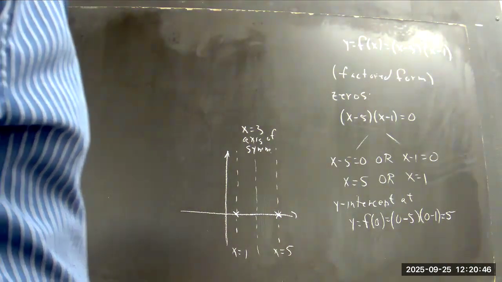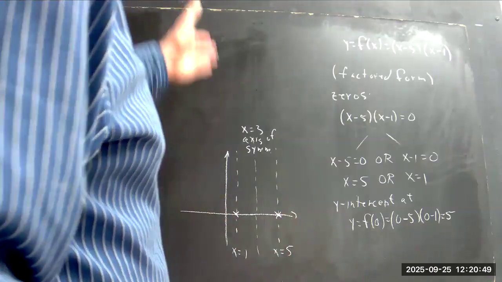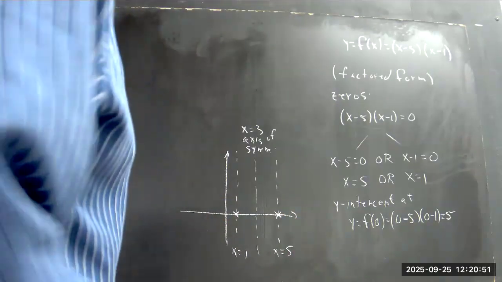Furthermore, the y-intercept occurs when x equals 0 because the y-axis is the line x equals 0. So that's at 5.